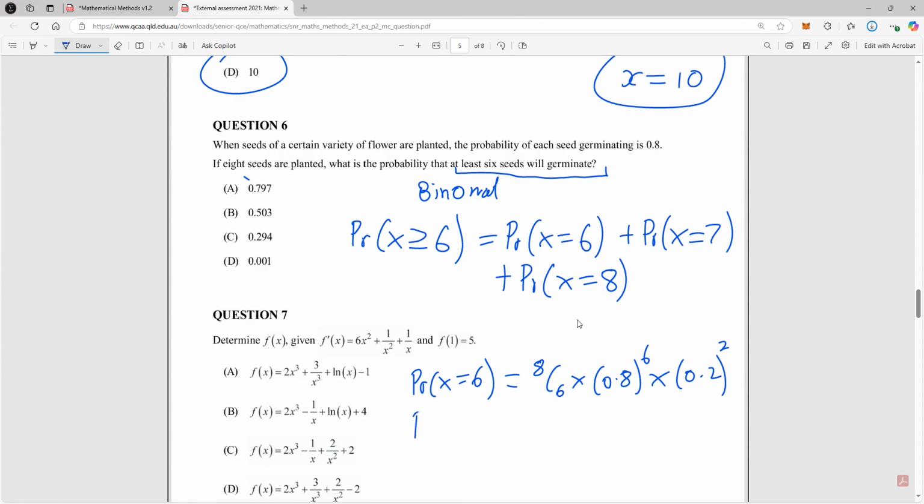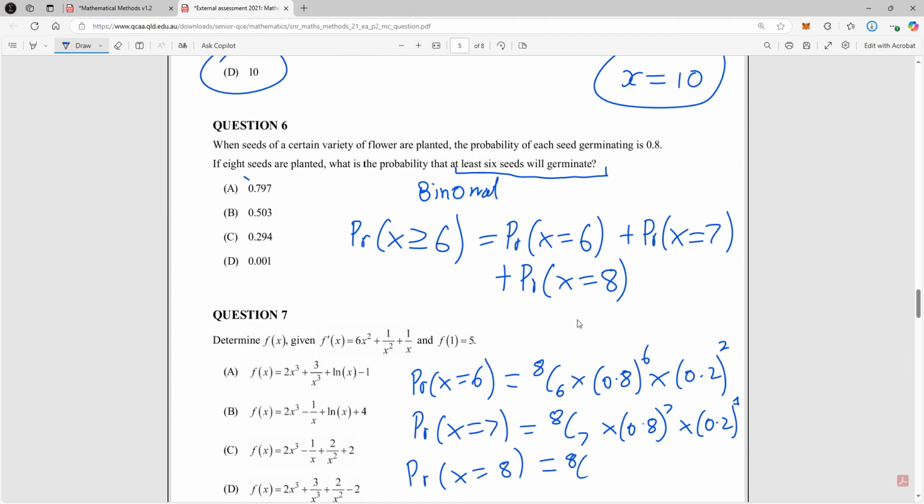Same thing for the probability that x is equal to 7: 8 choose 7, times 0.8 to the 7, times 0.2 to the power of 1. And the probability that x is equal to 8, so all 8 of them germinate: 8 choose 8, times 0.8 to the power of 8, times 0.2 to the power of 0.